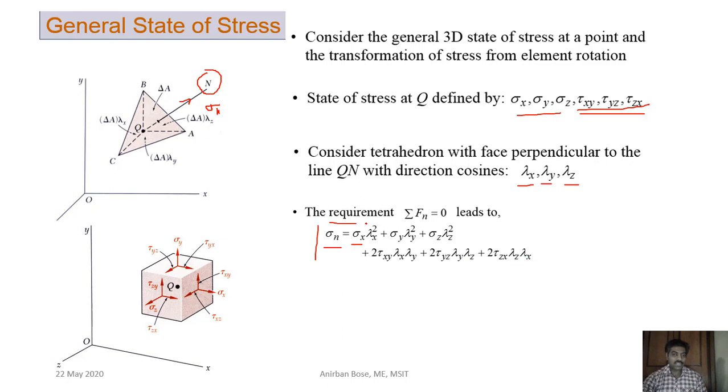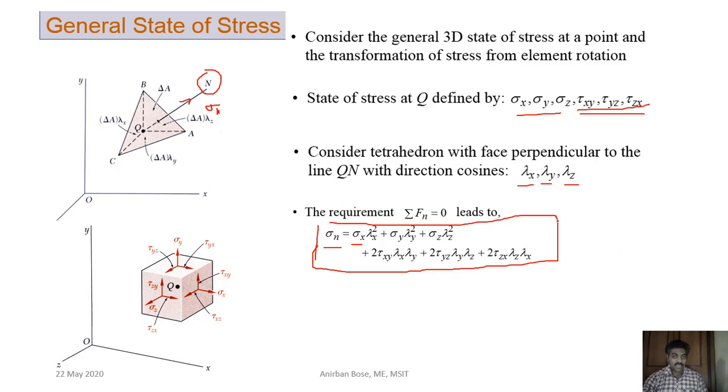So this is the expression of the normal stress in that direction, which is arbitrarily oriented such that its direction cosines are lambda x, lambda y, lambda z, and this has been represented in terms of sigma x, sigma y, sigma z, and shear components.